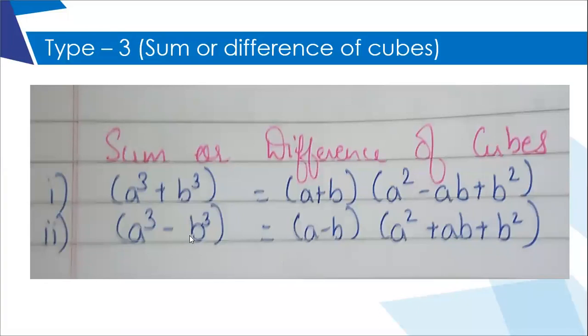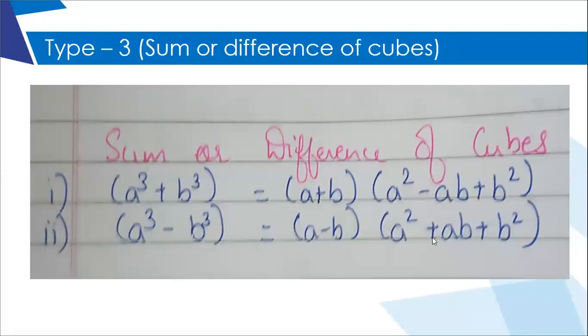Now if you see the second identity, a cube minus b cube, it is basically difference of the cube. So first bracket minus sign will be there because they are asking the difference, so difference will be preferred in the first bracket. And second bracket, again AB will have a plus sign.